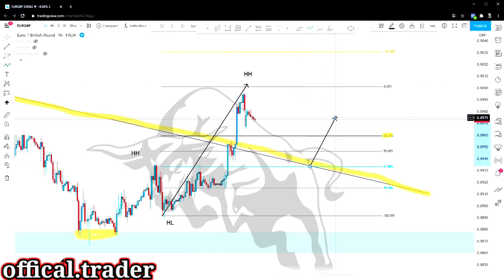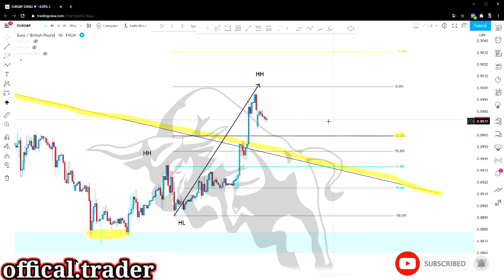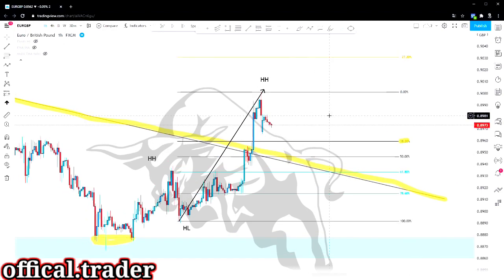All the levels before, the 38.2 and the 50, they are traps which institutions want you to get in the trade so they can grab your liquidity and run the trade to the upside potentially from these two levels, so 61.8 and 78.6. Okay, so right now we need to identify that we want to take the trades from these two levels, right? But of course we need more confirmation.